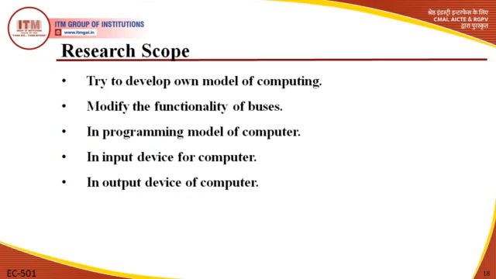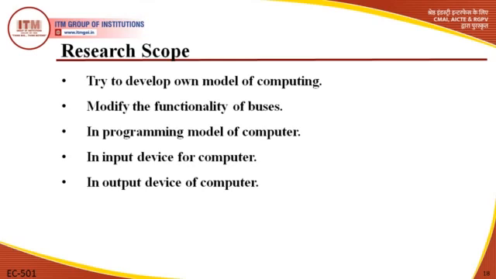Research scope. The first one is to try to develop your own model of computing. Second, you can modify the functionality of buses, so increase or decrease the number of lines and try to change the nature. That is just the model. There is also research scope in the programming model of the computer, so you can create a different programming model for the computer.